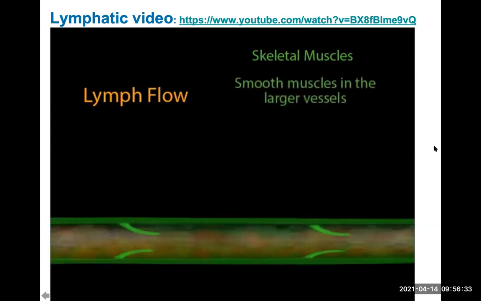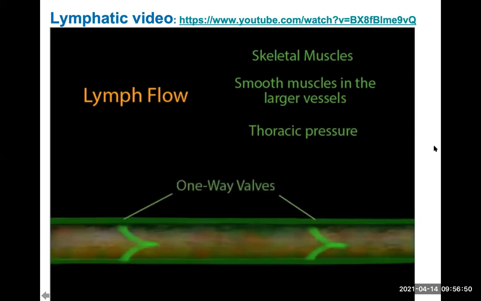There are smooth muscles at the larger lymph vessels. The contraction of these smooth muscles adds to the force provided by the skeletal muscles. Also, when we breathe, pressure changes occur in the thoracic region. When the thoracic pressure drops, that tends to pull lymph into the thoracic duct. One-way valves prevent the lymph from flowing backwards.